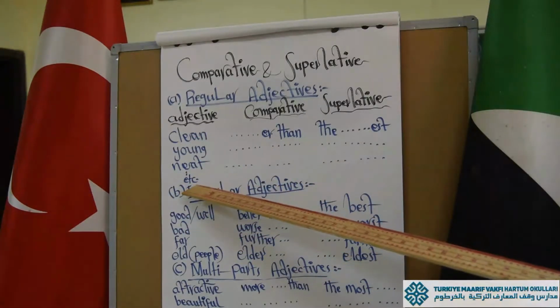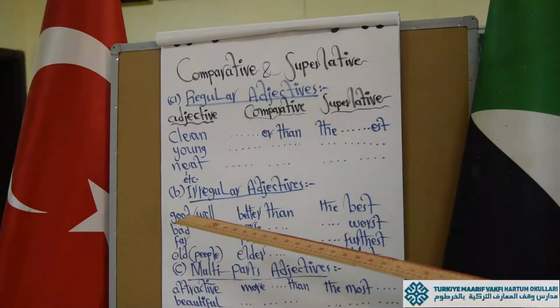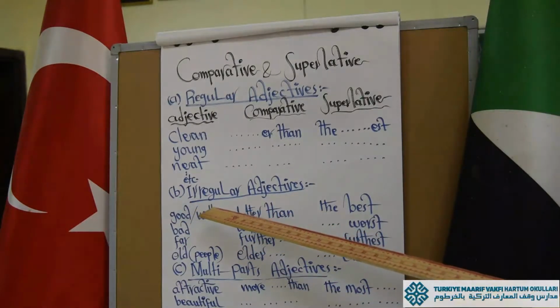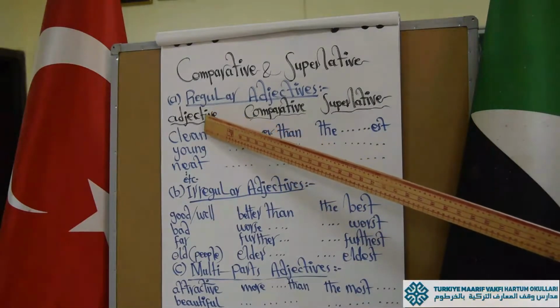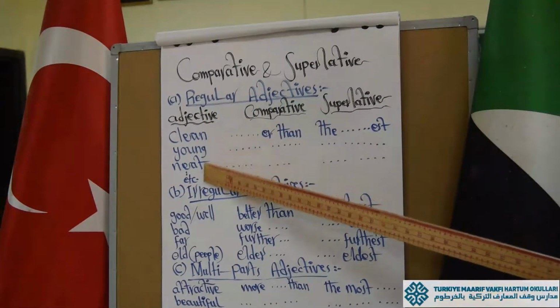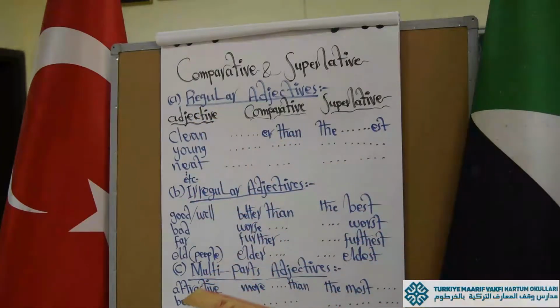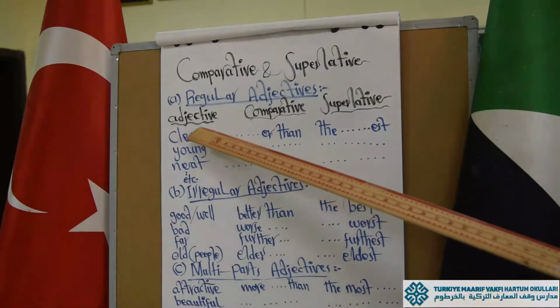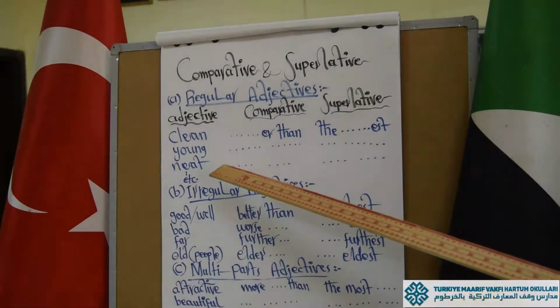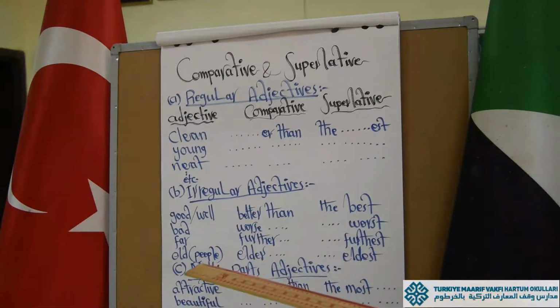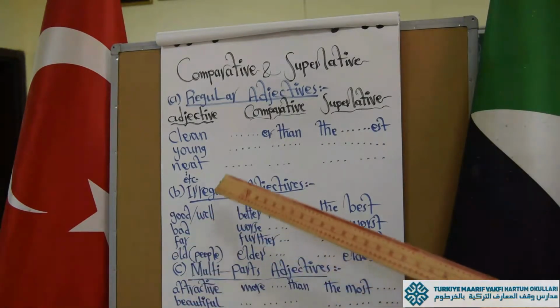When I say etc, it means there are other examples, and we don't have the time or space for that. But these kinds of adjectives, clean, young, neat, and others, we call regular adjectives. How are they regular? If you want to make a comparative and superlative, they have different forms than other groups or classes of adjectives in English.